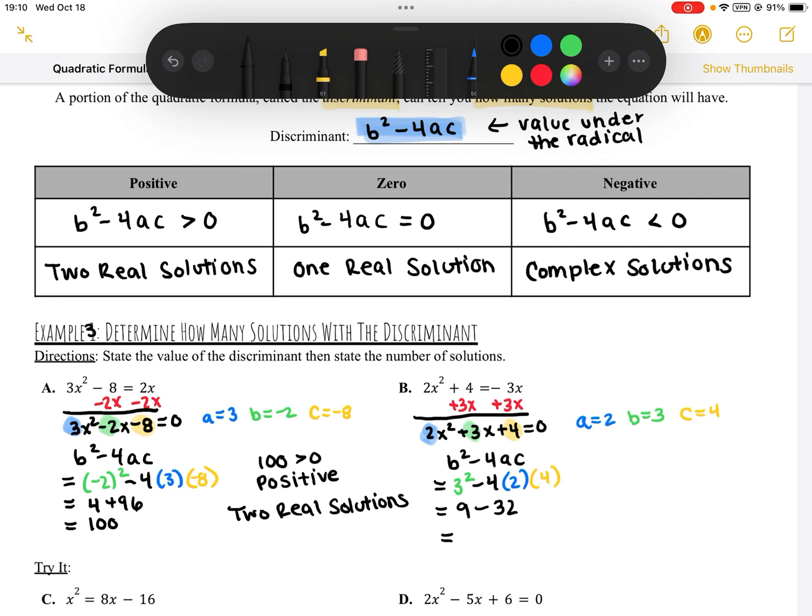And 9 minus 32 gives me negative 23. Now negative 23 is less than 0. It is a negative value. So that means I am going to have complex solutions. When I would go solve this, I would get imaginary numbers in my answer.